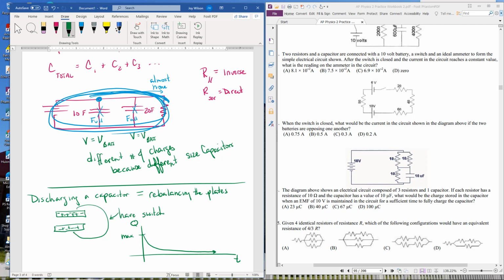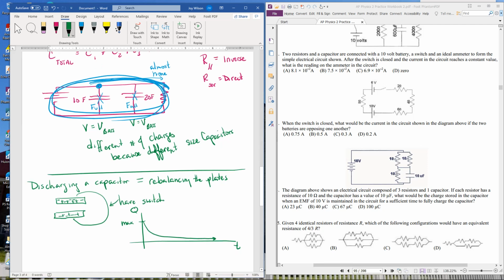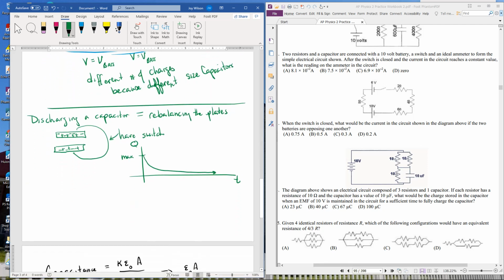Not all the water comes out immediately. Most of it comes out immediately, like a big flood. But then it'll drip, little drips from the top to the bottom and down the sides. So when we say discharged, we mean it's rebalanced, even though it takes a long time to actually happen. We're really only thinking about the first dump as our discharge.